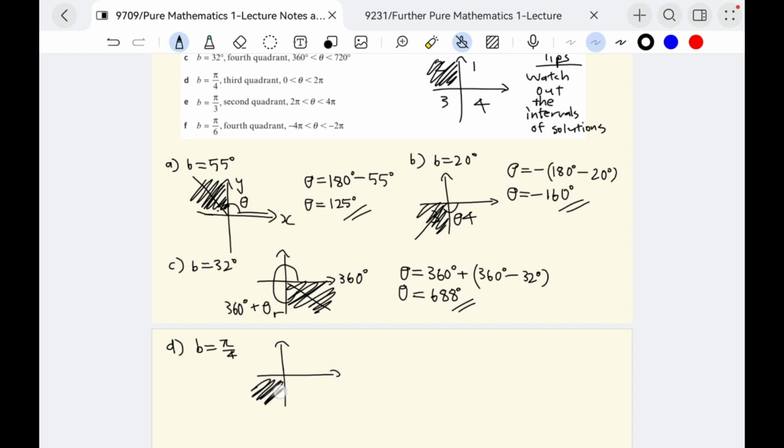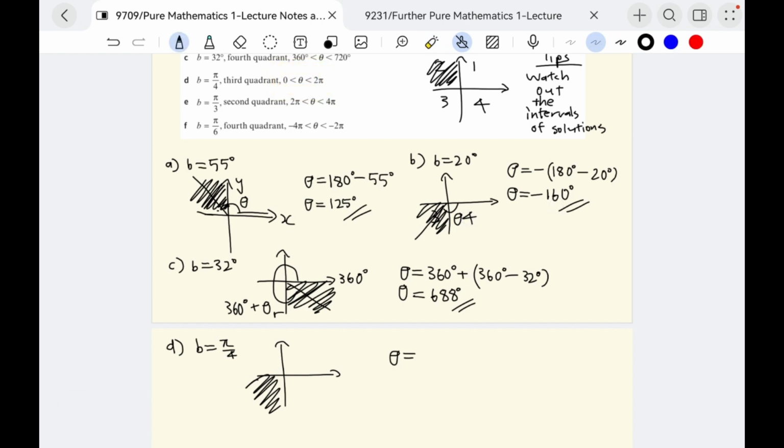Watch out for the interval from 0 to 2 pi.